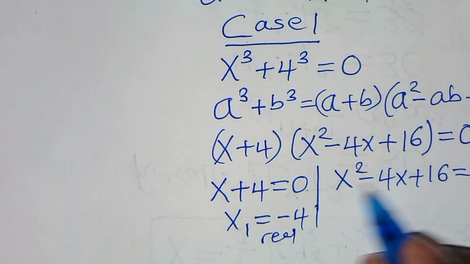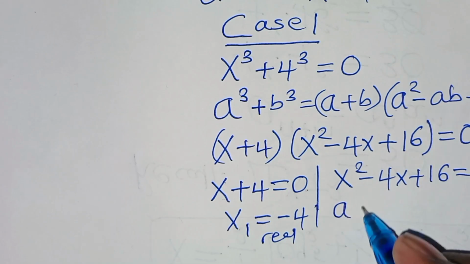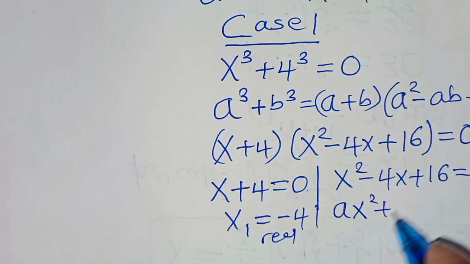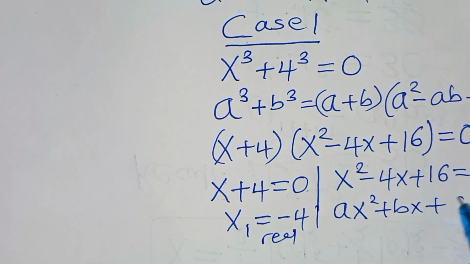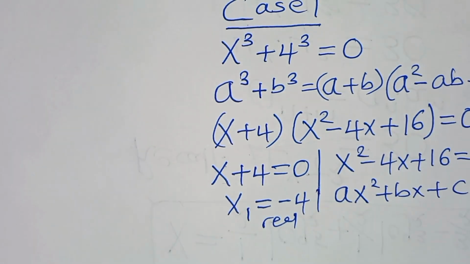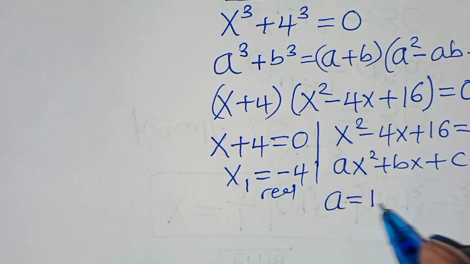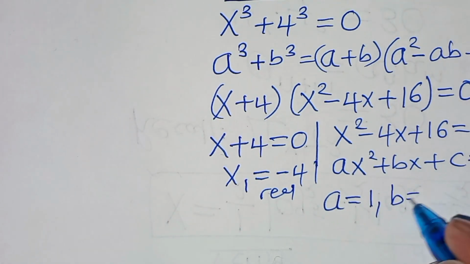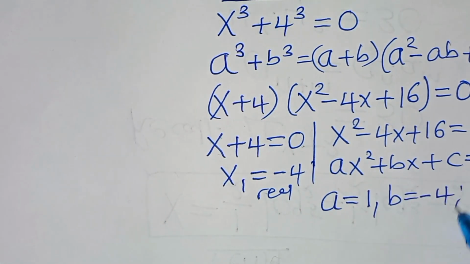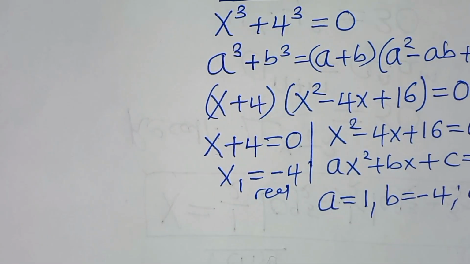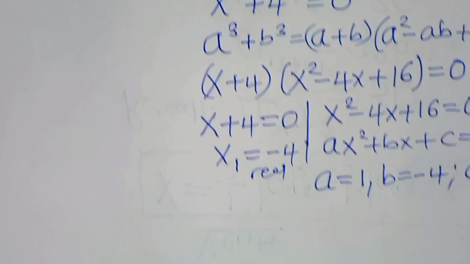And the second part is a quadratic equation of the form ax squared plus bx plus c equal to 0. So this implies that the value of a is equal to 1, the value of b is equal to minus 4, and the value of c is equal to 16.